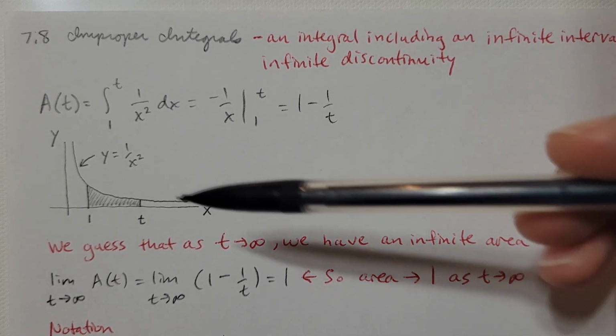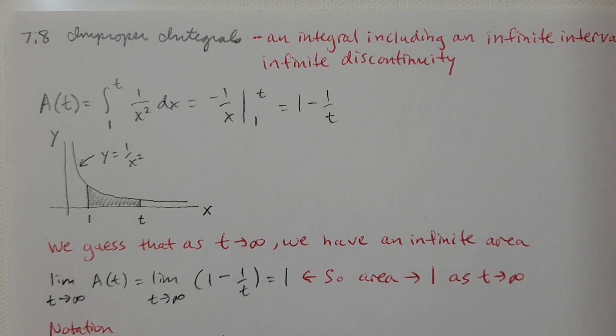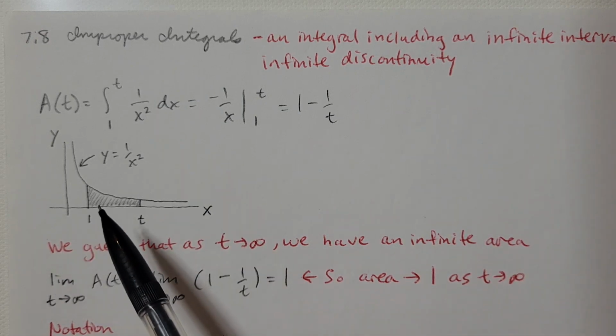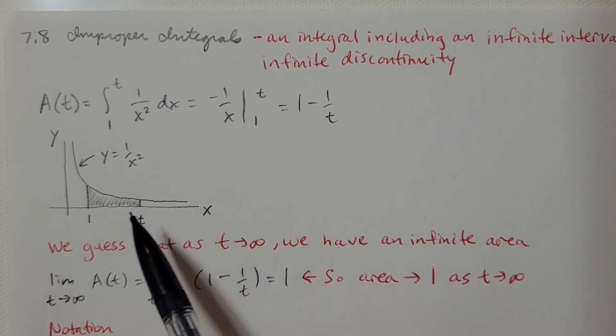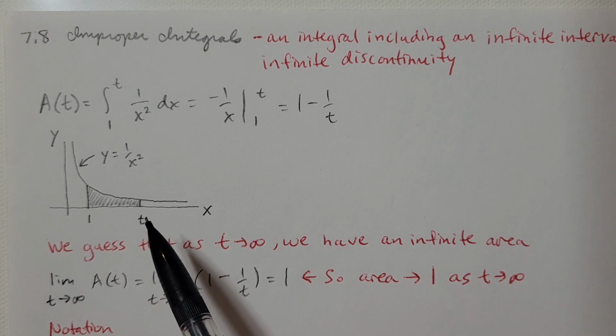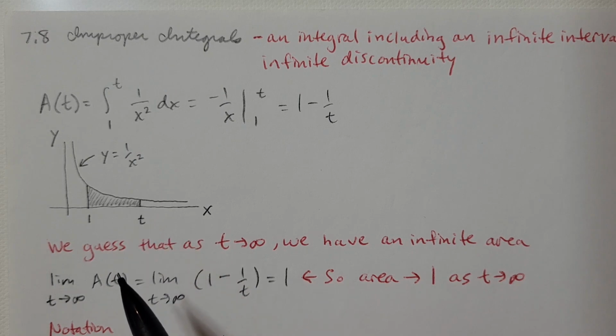So just as an example here, to get us started, suppose that I want to find the area under the curve of 1 over x squared going from 1 to t. Okay, so I drew that out. Here's 1 over x squared, and here's 1, and I'm going to some spot on the x-axis, so I'll call that t.